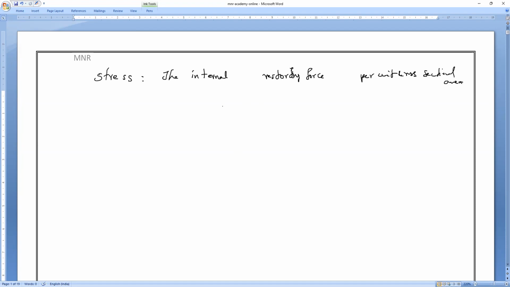What is the symbol of stress, everybody? Sigma. So sigma is equal to the internal restoring force per unit cross-sectional area. That is what we call stress.